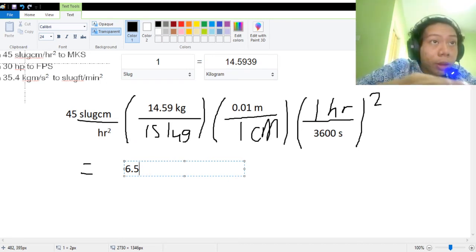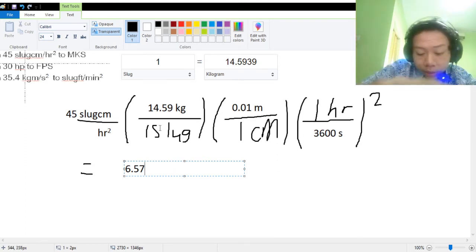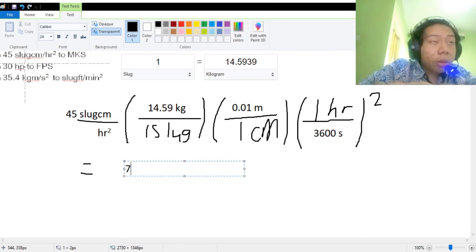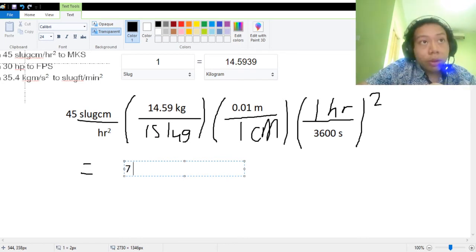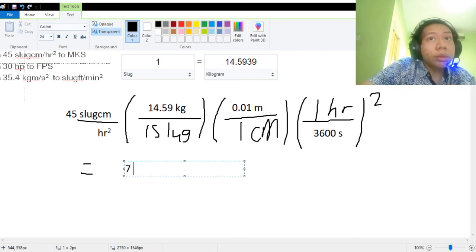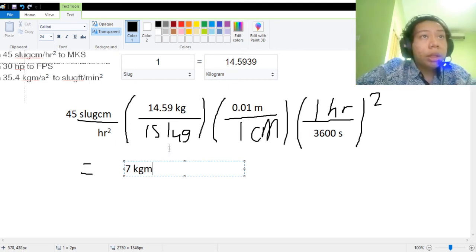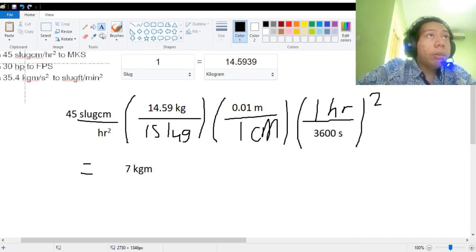Okay, we need to simplify it to two significant figures. Here we have a whole number, so it is approximately 7 kg meter.